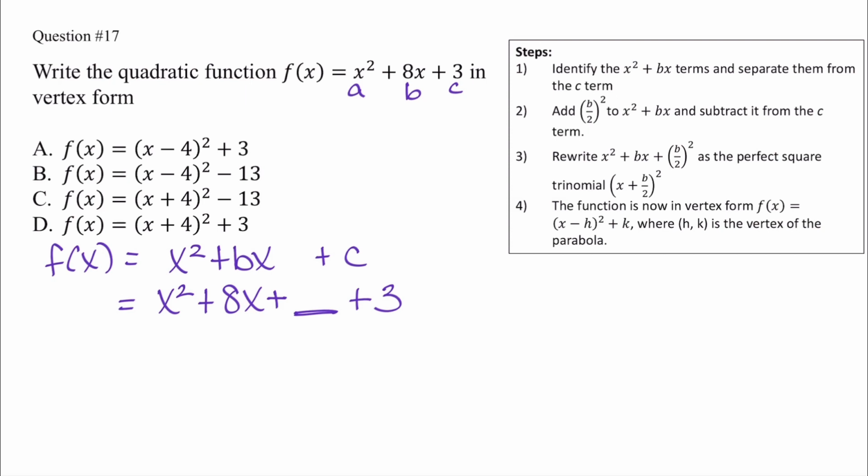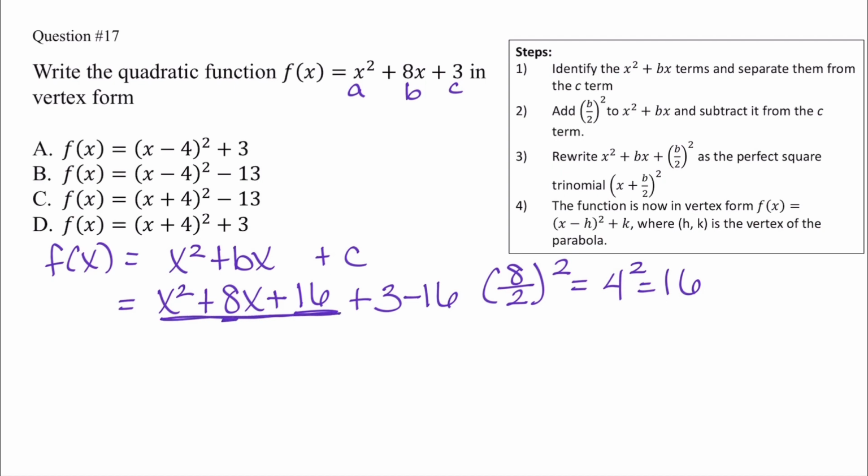Okay, so what do I add here? What I do is I take the value of b, in this case it's 8, I divide it by 2, and then I square it. Okay, so 8 divided by 2 is 4, and then 4 squared is 16. So if I do something to an equation, if I add 16 here, I have to subtract 16 in order to balance it out. So what happens here is I took this and I transformed it into a perfect square trinomial.